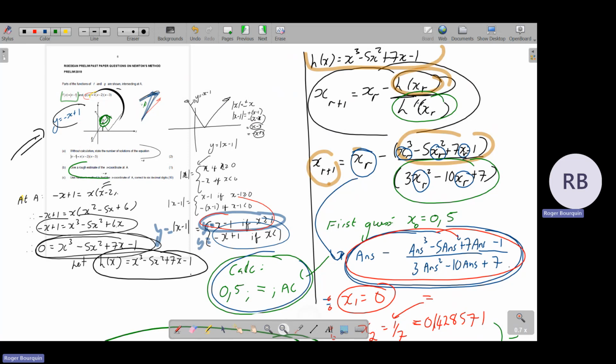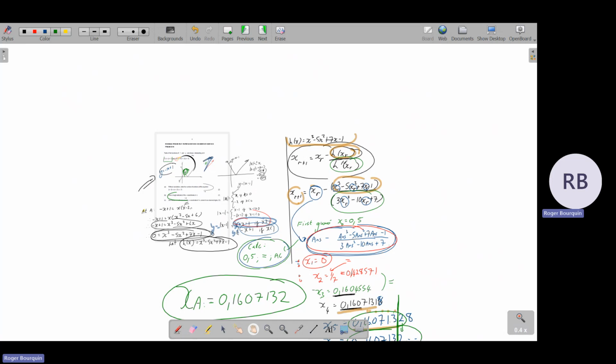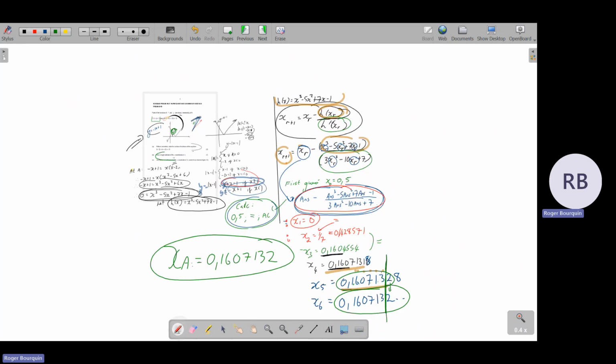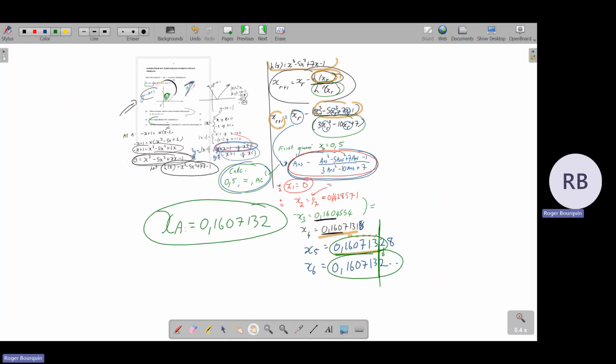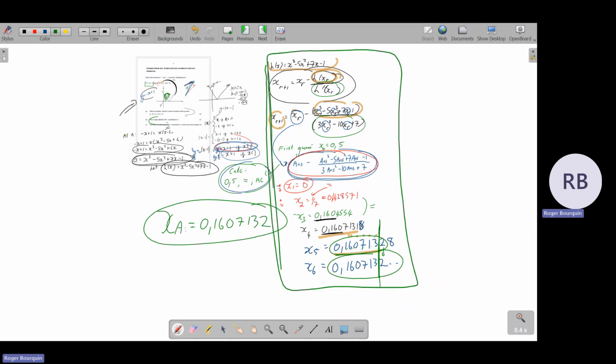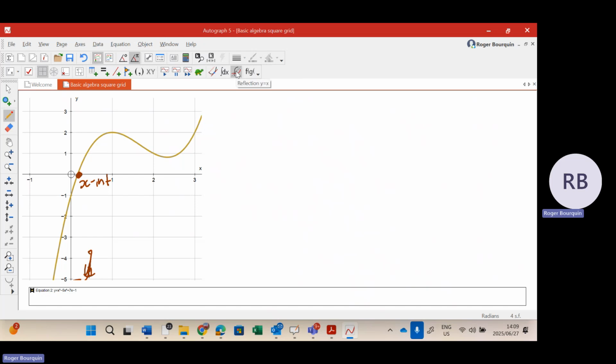What Newton's method has actually done is it found, it didn't even know about the point of intersection, it has found the x-intercept of this graph over here, and as you can see, that looks kind of right. So that x-intercept of our combined function is at 0.16, whatever we just worked out.